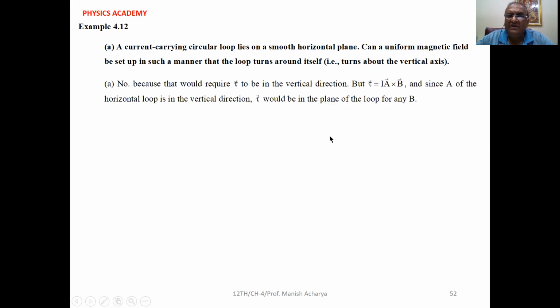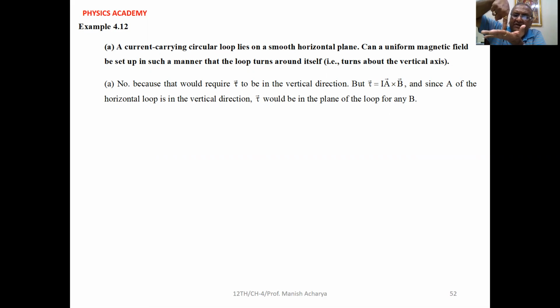So the answer will be no. Because for the rotation, torque is required, and torque is IA cross B. So torque will be perpendicular to both A and B. Now, if your coil is like this in the horizontal plane, the area vector will be along the axis.